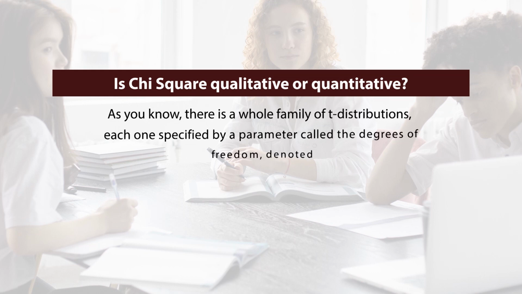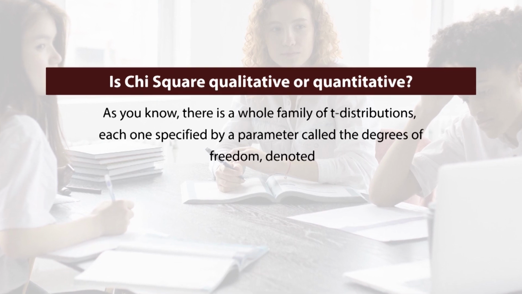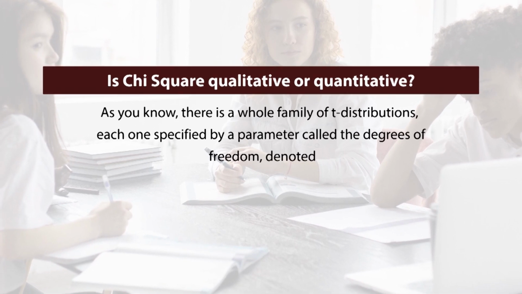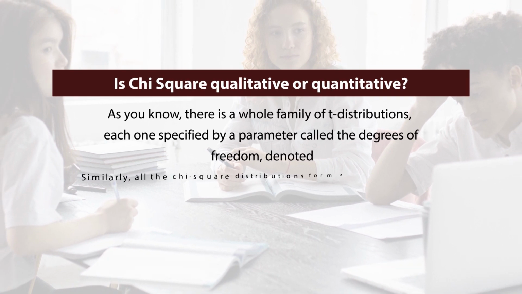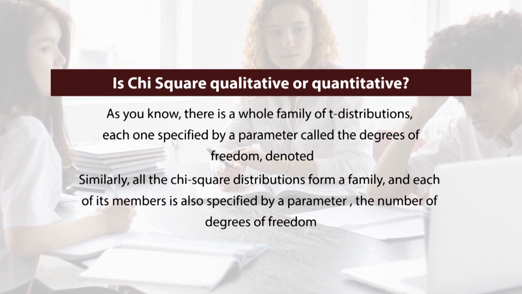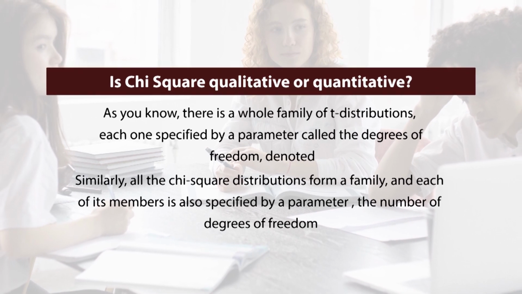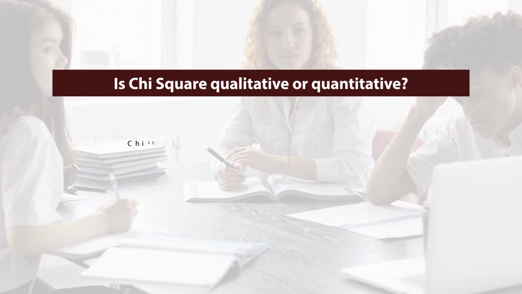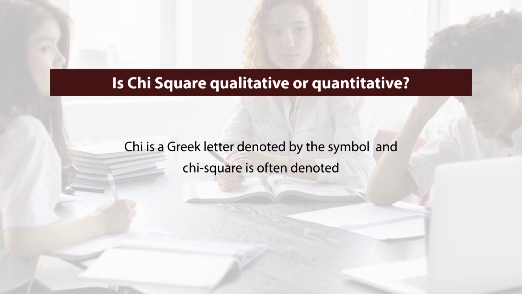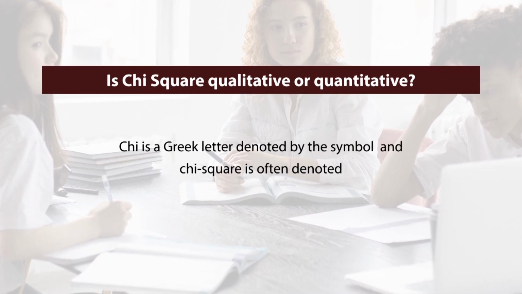As you know, there is a whole family of t distributions, each specified by a parameter called the degrees of freedom. Similarly, all the chi-square distributions form a family, and each of its members is also specified by a parameter, the number of degrees of freedom. Chi is a Greek letter, and chi-square is often denoted by this symbol.